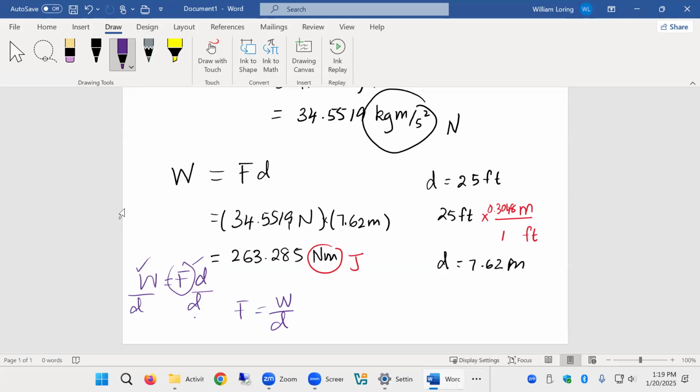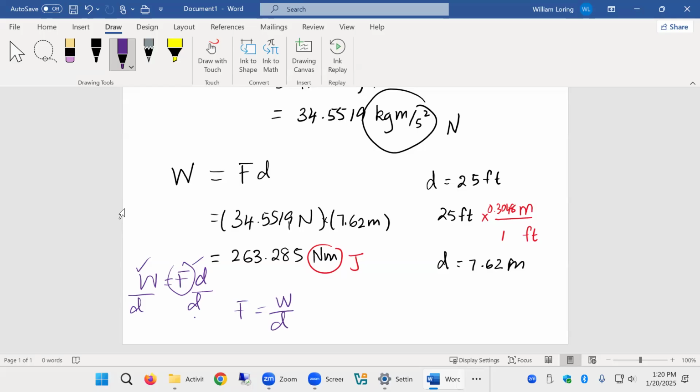Any question on how to do an equation like this? If you're not sure, just do it by hand and then write down the equations and he'll teach you how to enter the equation. That's what we're going to start with.